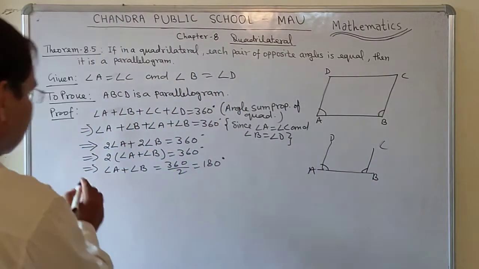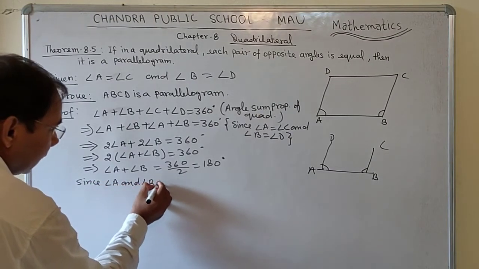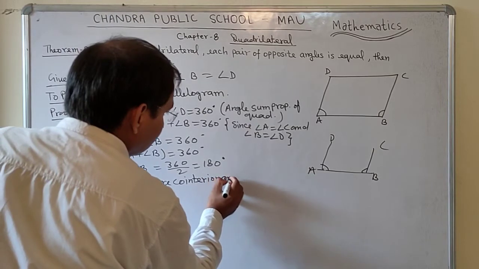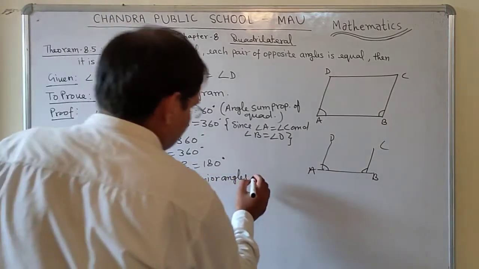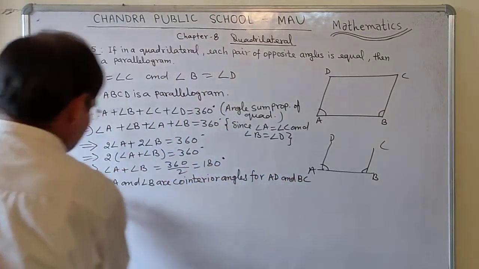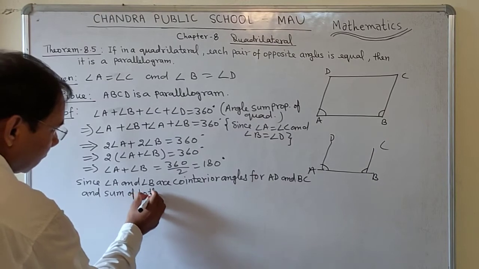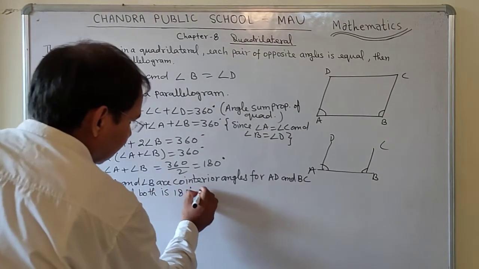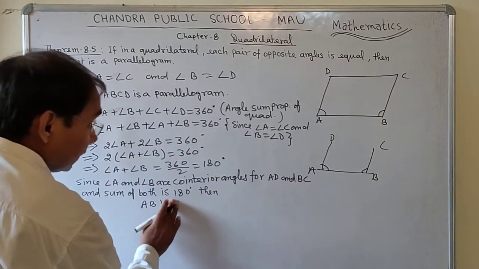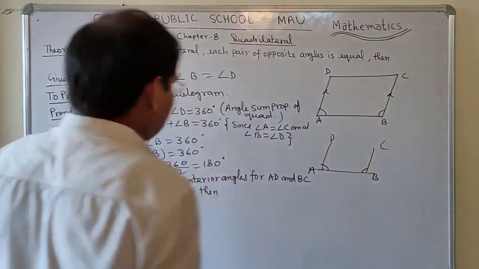So here you will show, since angle A and angle B are co-interior angles for AD and BC, and the sum of both is 180 degrees, then AD is parallel to BC. So here you have proved that AD and BC are parallel.